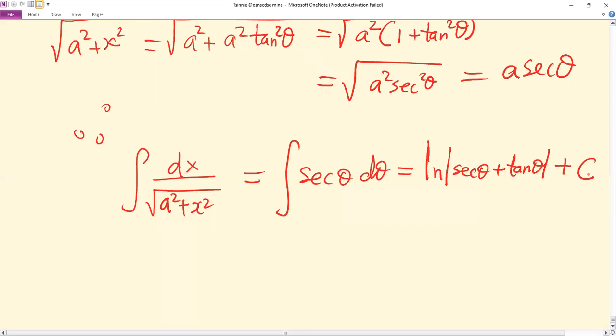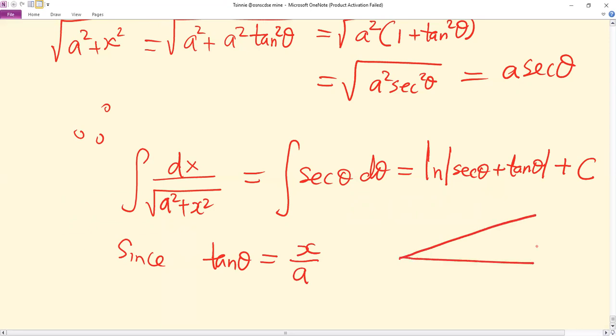It's our own making. So since tan theta is given by x over a, we draw a right angle triangle. Put here theta, opposite is x, adjacent is a.